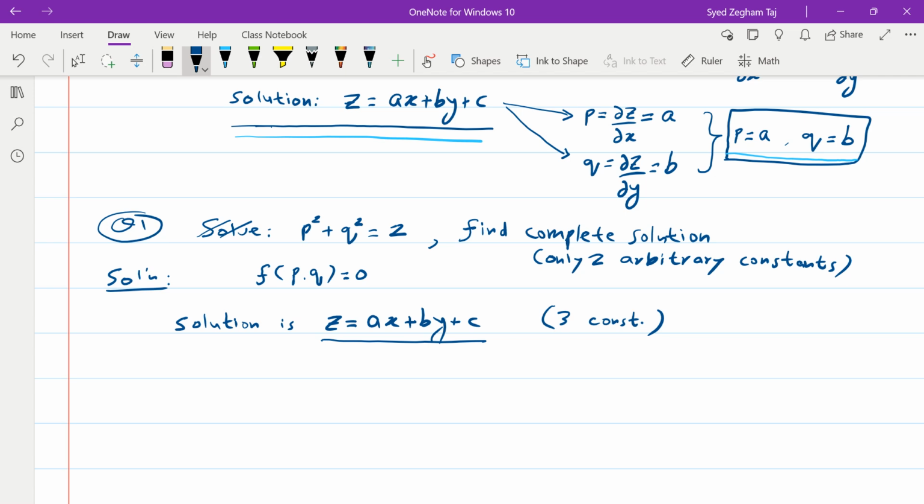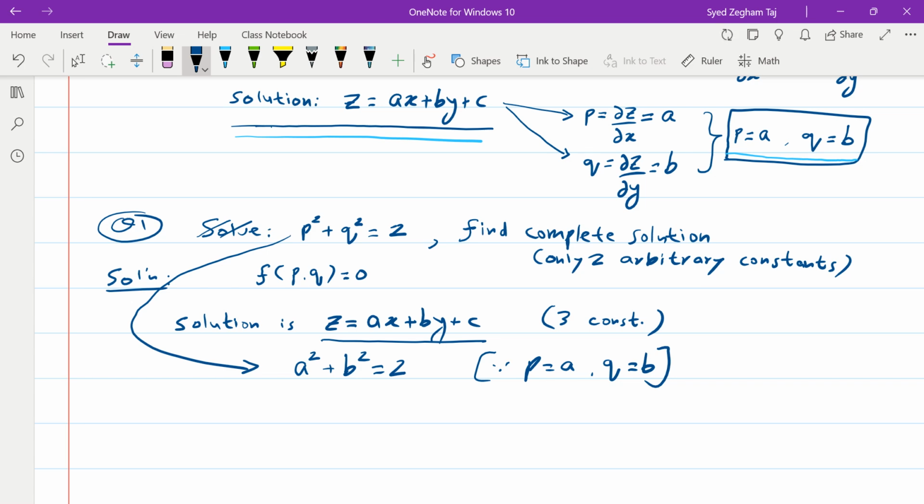If you see, this equation will give me a square plus b square is equal to 2. Why? Because I know that p is equal to a and q is equal to b, which we have discussed at the top here, right?